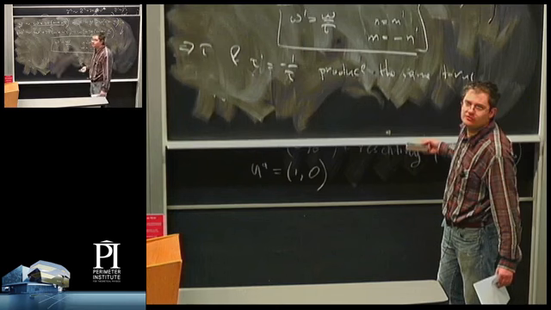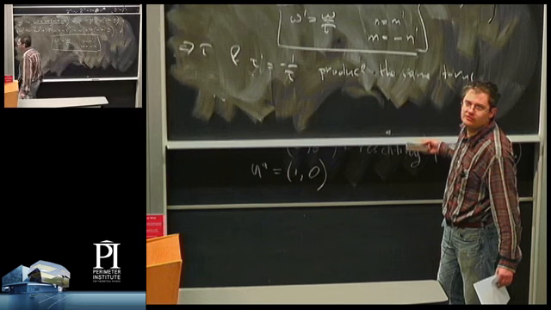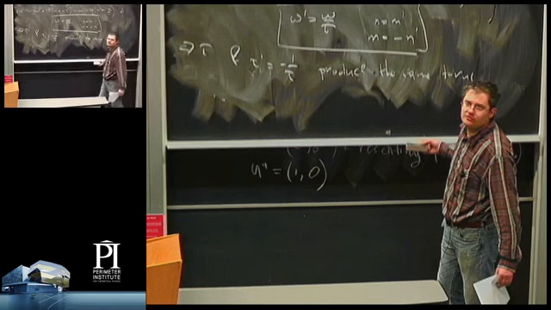So I showed that those two tori are equivalent. So what we are saying is that tau and tau prime equals -1 over tau produce the same. All right, guys? No questions?